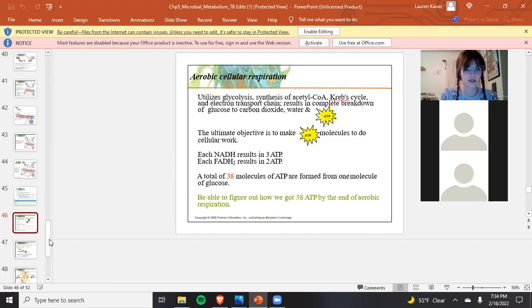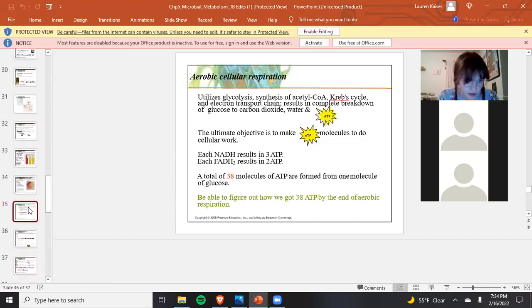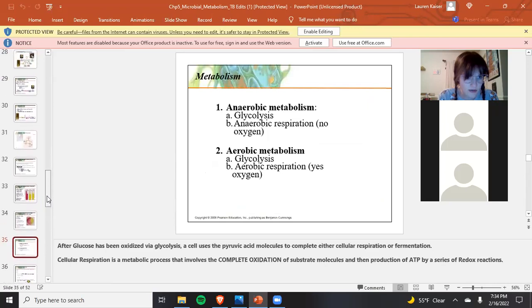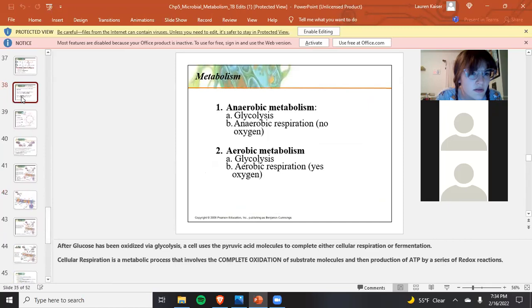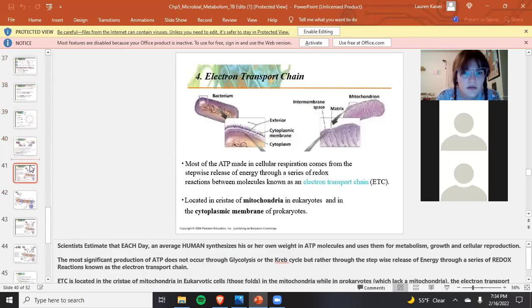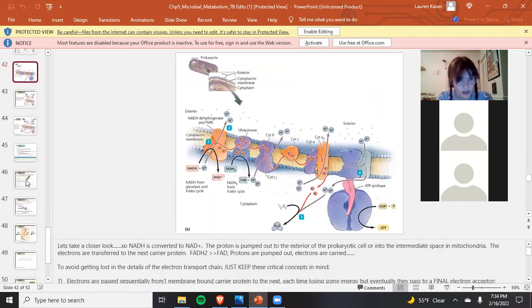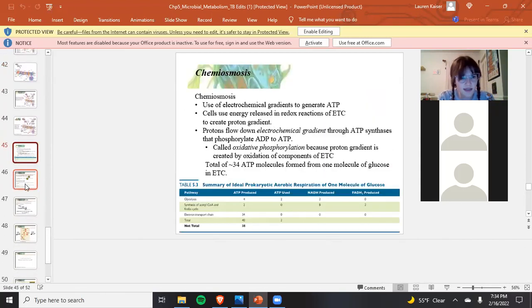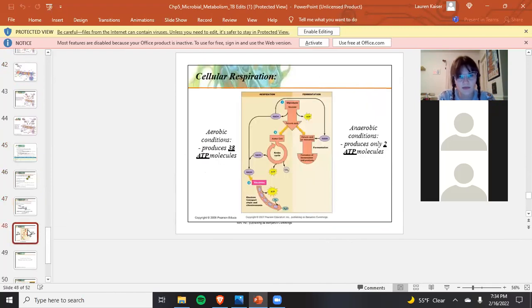There's one other chart I wanted to show. I don't know if I can find it. Okay. It looks kind of like this, and it shows the different types of respiration.